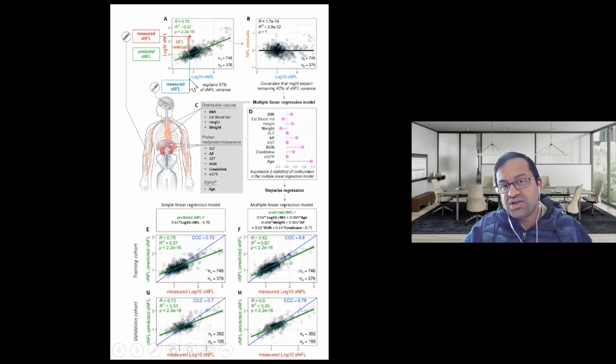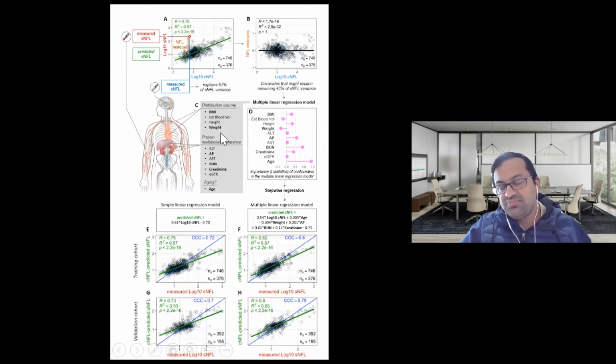When we ran these correlations, we found mainly three factors. First is distribution volume, which depends on the total blood volume, which depends on the person's weight or BMI. Second is protein metabolism, because proteins in serum are excreted through the kidney or metabolized through the liver.